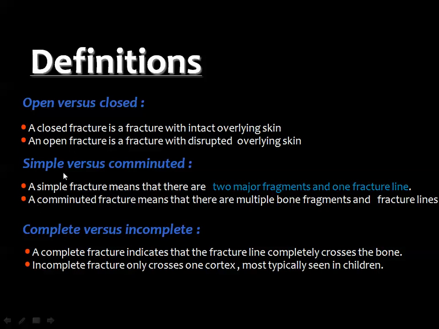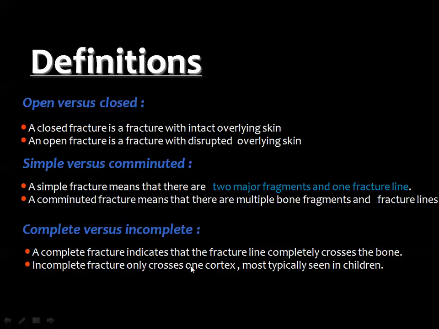And simple fracture means that there is a fracture line and 2 major fracture fragments. The comminuted fracture means that there are multiple fracture lines and multiple bone fragments. Complete versus incomplete fracture.